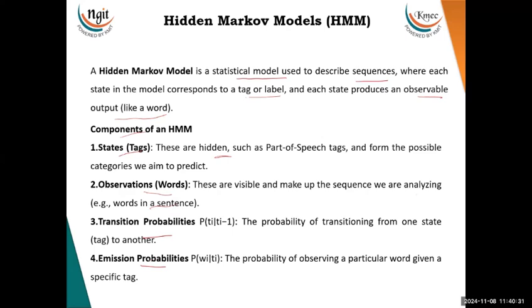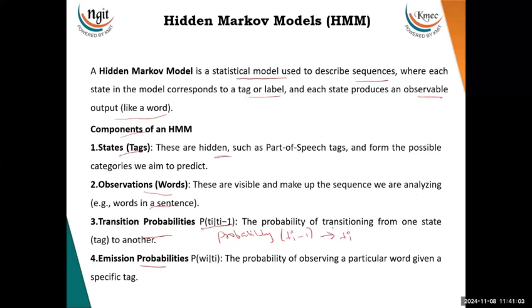Transition probability is the probability of transitioning from one state to another state. Let us say transitioning from one tag, t i minus 1, to t i.